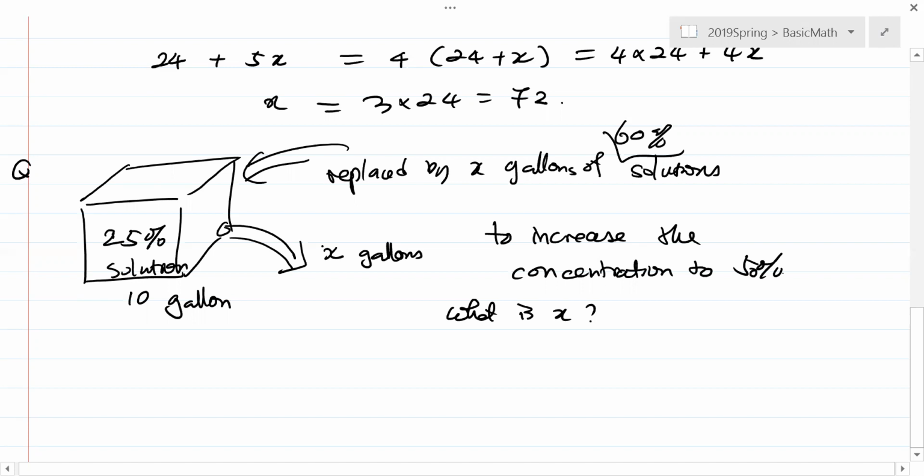It's pretty challenging, but the difficulty level is not that high. The difficulty level is similar to the one we just discussed.